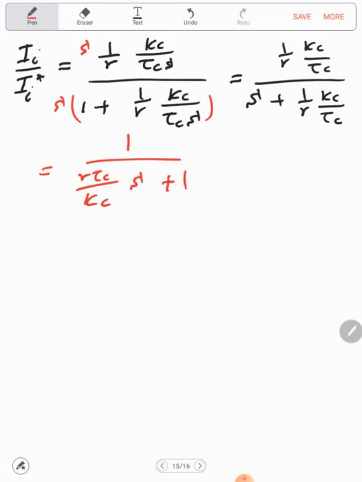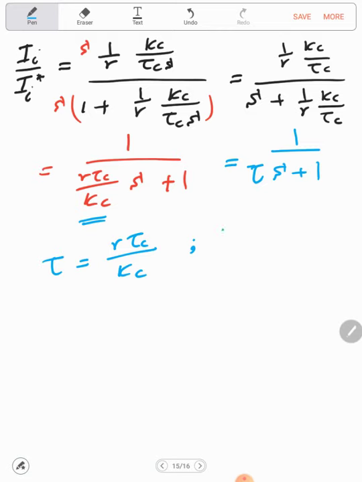So simply here the DC gain is equal to 1 and the closed loop time constant is equal to R tau C over KC. So simply this will equal 1 over (tau S plus 1), where tau is equal to R tau C over KC.